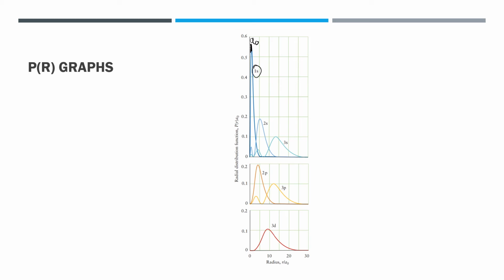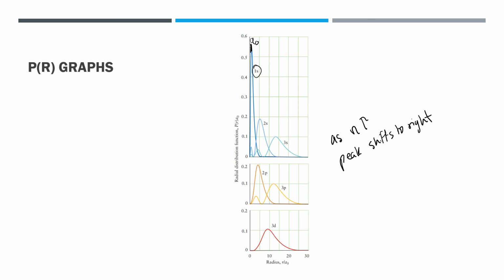Another thing to notice is that as n increases, as we go from 1s to 2s to 3s, or 2p to 3p, what is happening to the peaks of our radial distribution function? We can see that our peak shifts to the right.